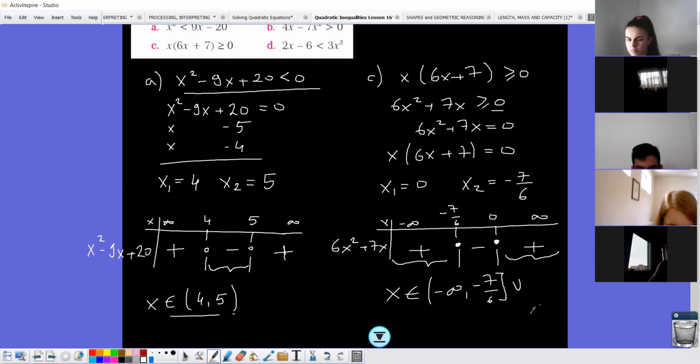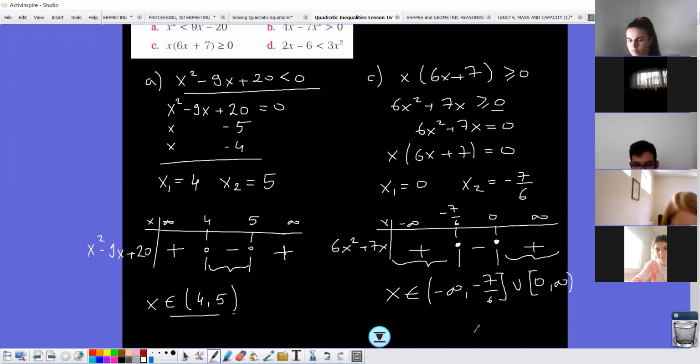Then union. After that, we need to write this part: 0 to plus infinity. How will the parentheses be? 0 will be closed. Infinity will be open. Yes, infinity is always open.